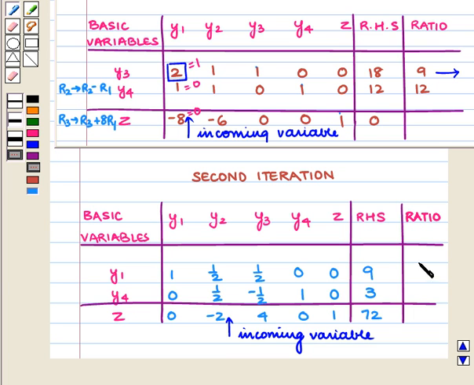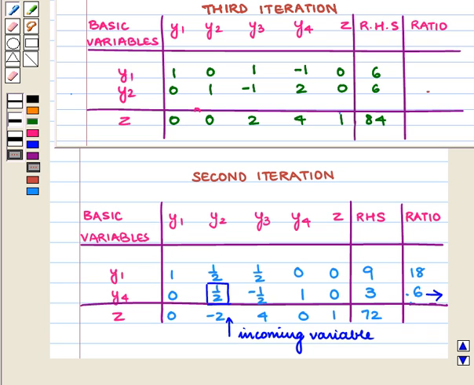On dividing the RHS column by the pivot column elements, we get 9 divided by 1 by 2 equal to 18, and 3 divided by 1 by 2 equal to 6. We get 6 as the minimum ratio, so 1 by 2 is the pivot element and y4 is the outgoing variable.